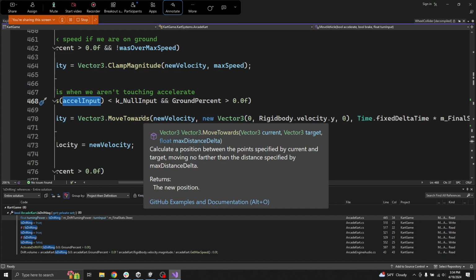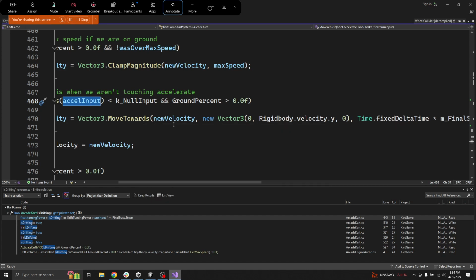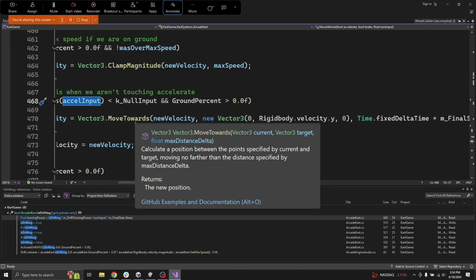Calculate a position between the points specified by current and target. So this Vector3 is current, this is where I currently am, right? And Vector3 target is move me towards that location, but you might not go the whole distance. And move no farther than the distance specified by the third value, max distance.